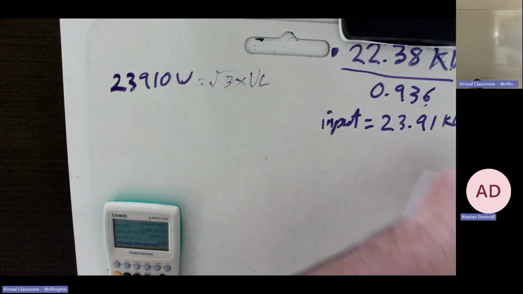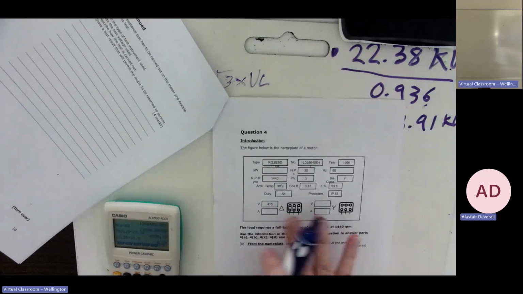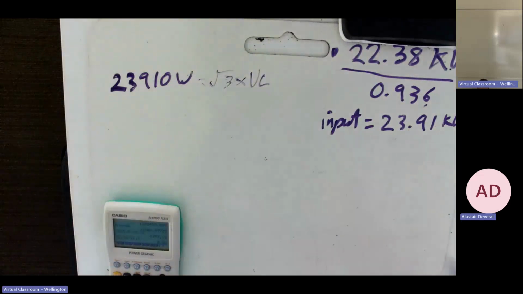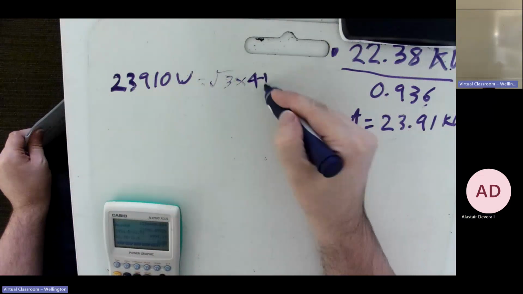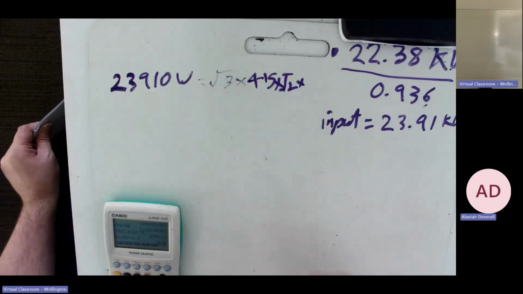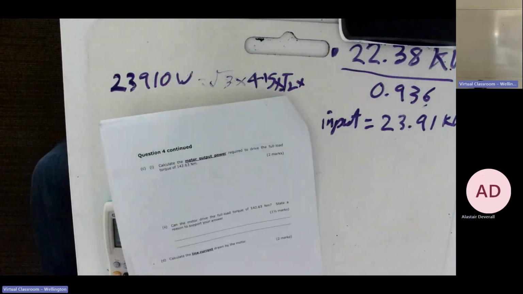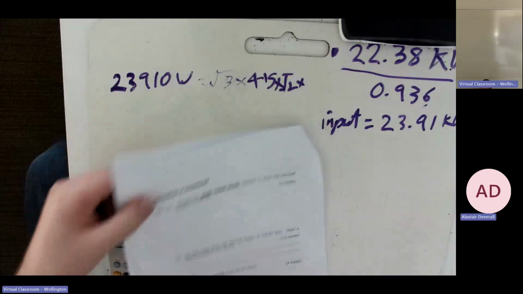If we check back at our question, it shows 415 volts. So √3 times 415 volts, times I line, times cos theta. Our cos theta, if we look back at our book again, is 0.87.